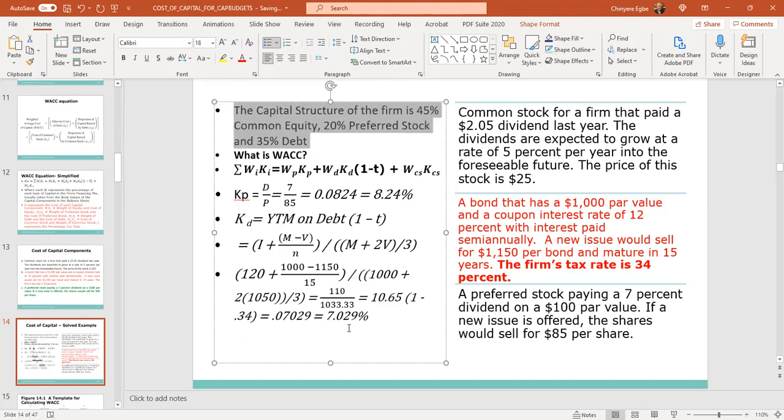All right, so let's look at the cost of common stock. I'm going to call it KS.